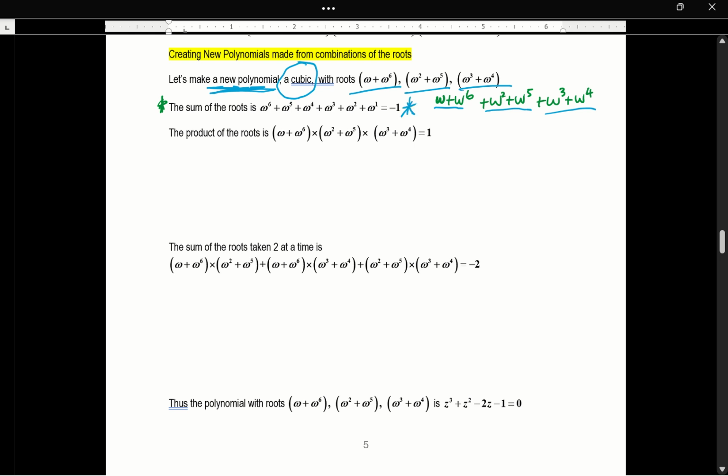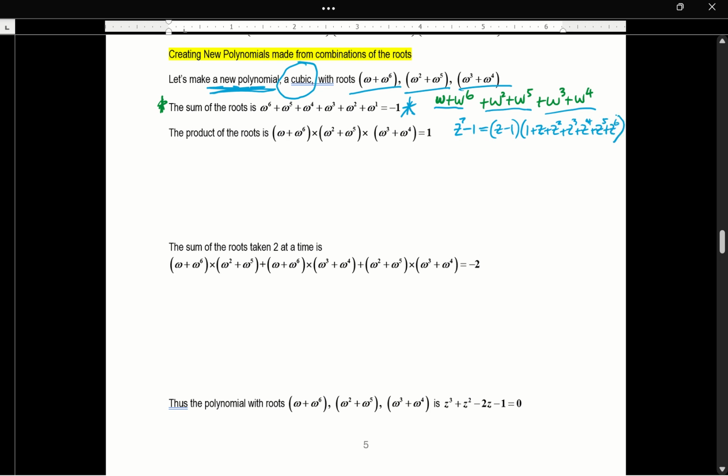Now, we know the reason for that comes from when we did factorize z to the 7 minus 1 before, we got z minus 1, and then we got 1 plus z plus z squared plus z cubed plus z^4 plus z^5 plus z^6.